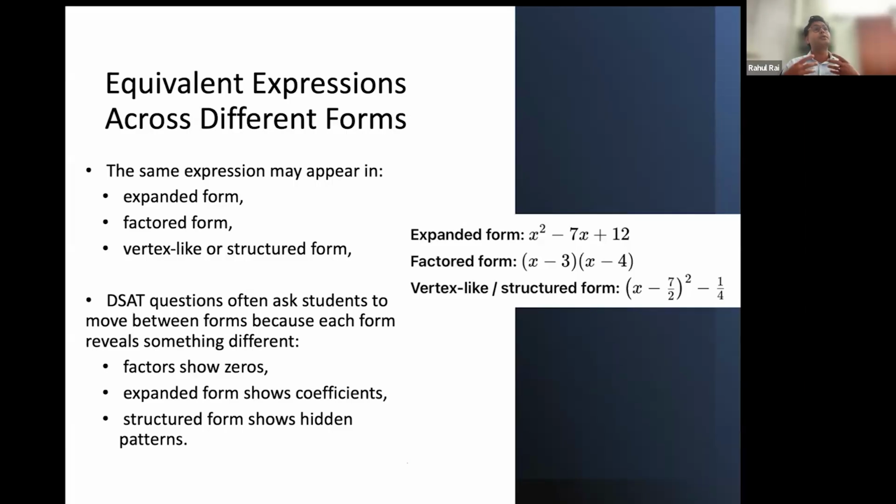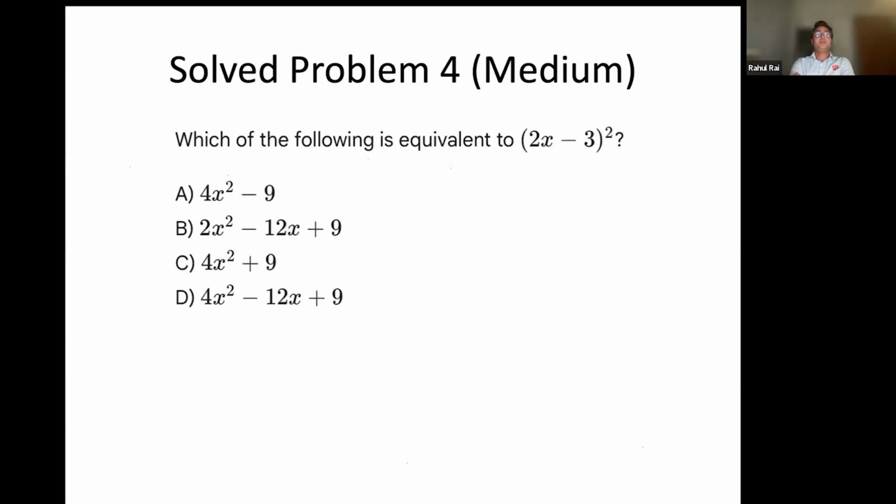That is why these questions are asked: different forms show you different properties of that equation, and if you can convert, you can learn various aspects about it. That's why equivalent expressions are an important topic in math in general, and are emphasized in the digital SAT for sure.